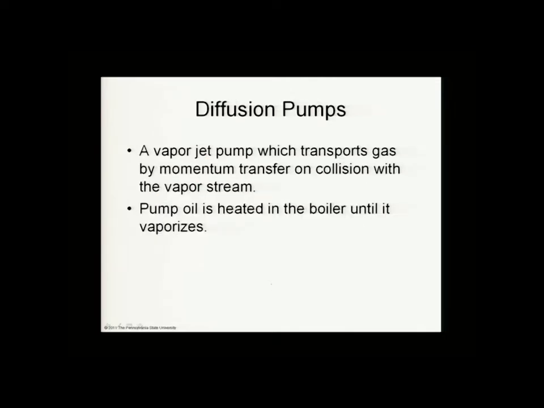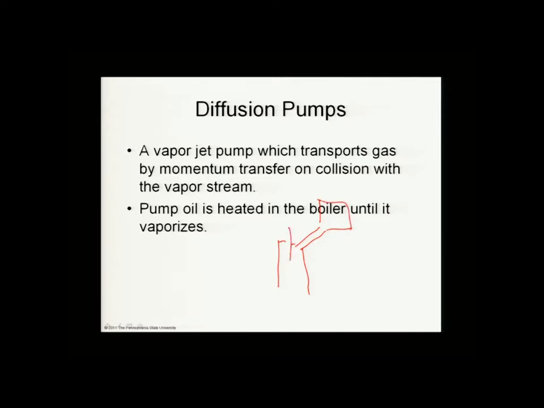The diffusion pumps, that's the one that uses oil. This uses a vapor jet, which transports gas by momentum transfer on collision with a vapor stream. So the idea here is, here comes the incoming gas, the incoming molecules from your vacuum chamber over here.